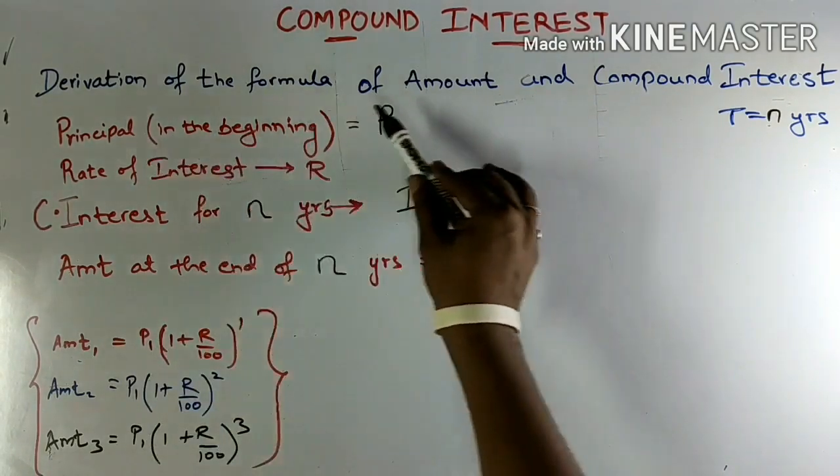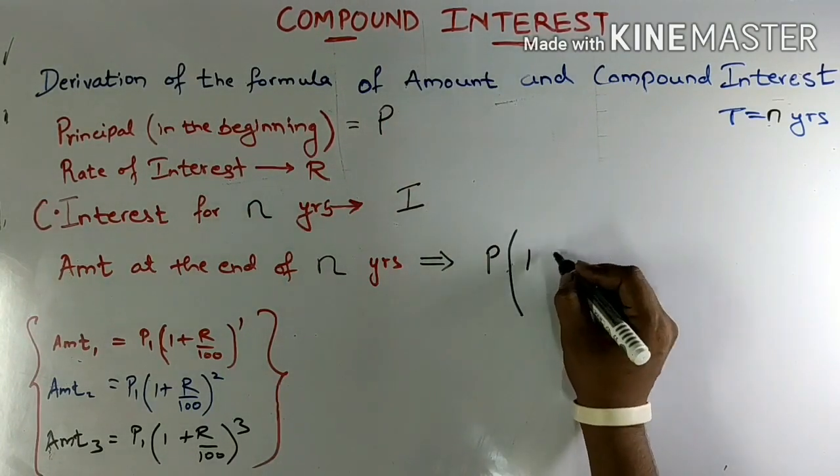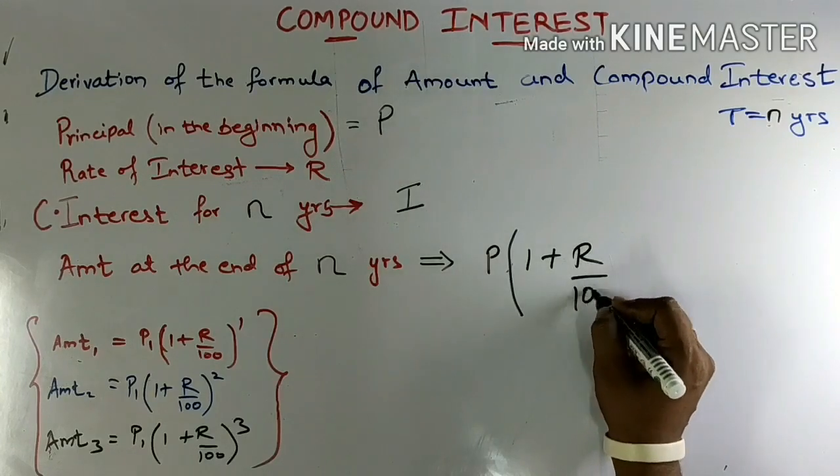So over here, principal of the first year in the beginning is P. So P into 1 plus R by 100.